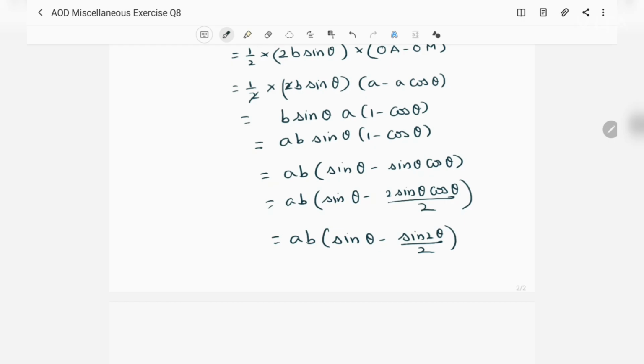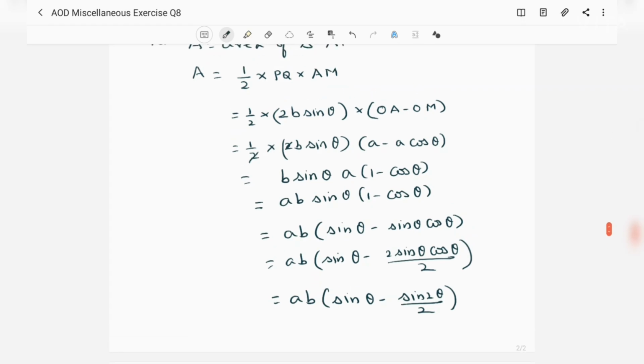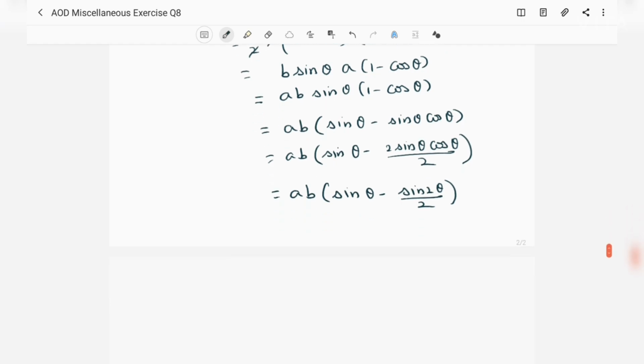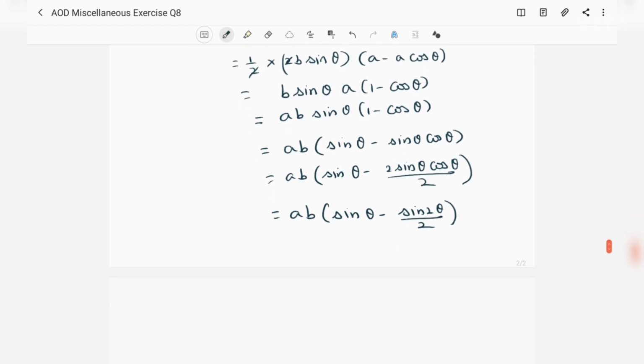As we have seen the method to find the maximum area, the first step is to write the function in terms of a single variable and then we find the critical points. To find the critical points, we find the derivative of A with respect to the single variable in which A has been expressed.